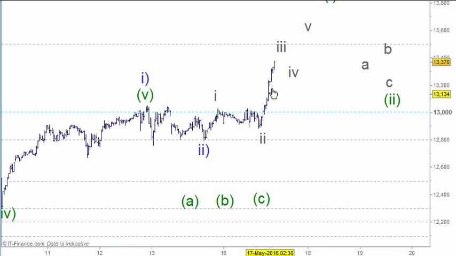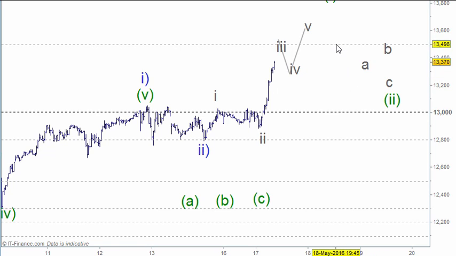Because the extension is in wave 3 here, that means wave 1 here and wave 5 from 4 here will be roughly the same length. So if we look for that as the 38.2% pullback, then wave 5 up here, and let's make sure what we're working with here. That's 13.5. Yeah, that's fair enough.